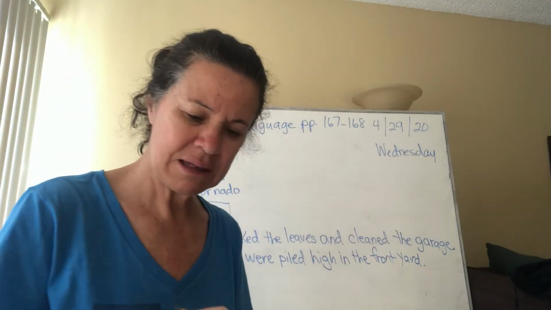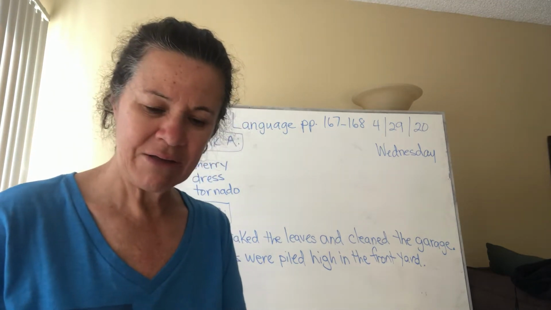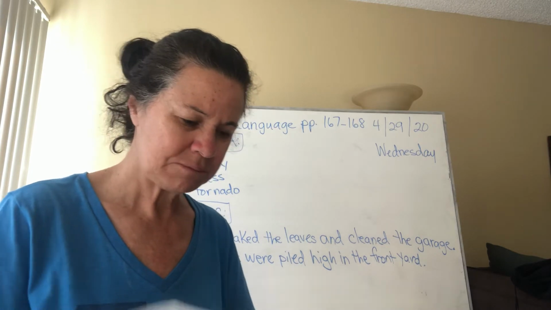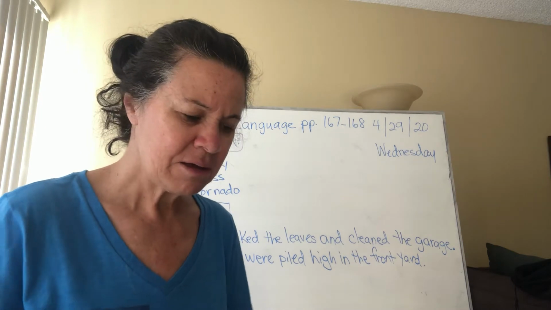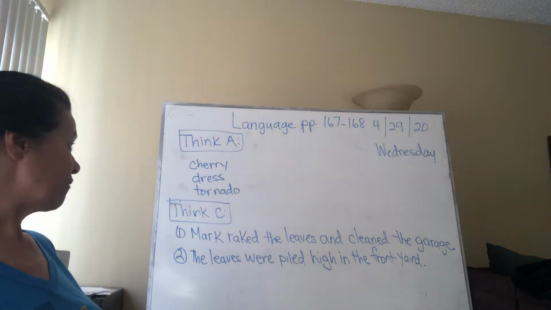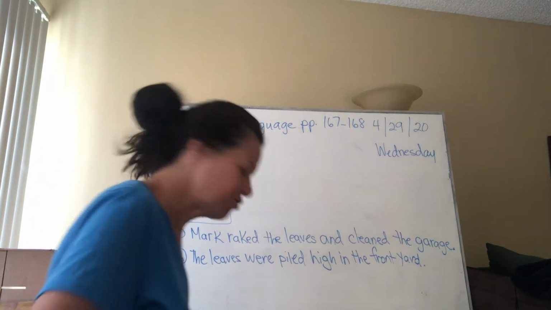Okay, and like I said, they go over them with you at the top there that we just read through, and they give you some good examples. So that should be helpful to you. All right, so here's just the first three. We have cherry, we have dress, we have tornado, okay? And we're going to make those plural.